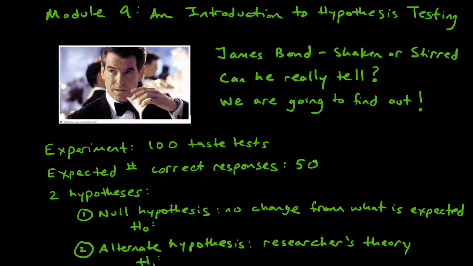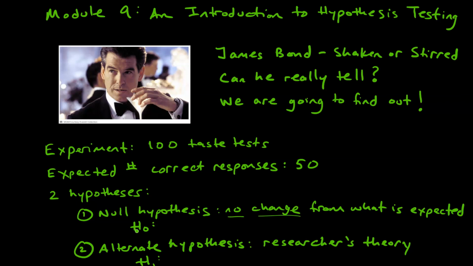So there are two hypotheses going on here. And whenever we have a hypothesis test, you're always going to see these two hypotheses. One of them is called the null hypothesis, where null stands for no change. So you can see I've written here for null hypothesis, there is no change from what is expected. So we would be anticipating him to be correct somewhere in that vicinity of 50 times.